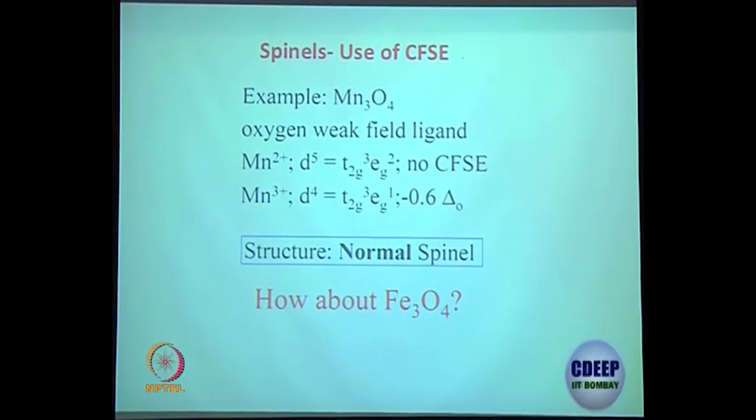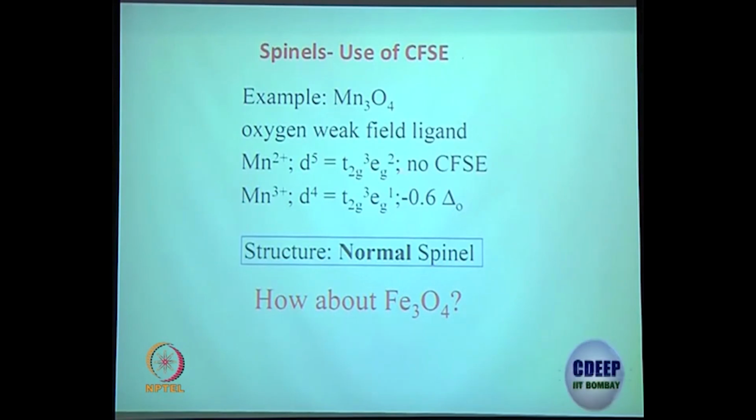Unless the metal is in a very high oxidation state, oxide will be the weak field ligand. You don't have to worry about the oxide too much, except in one question which will come. Manganese 2+, d5, since it is a weak field ligand, is high spin.